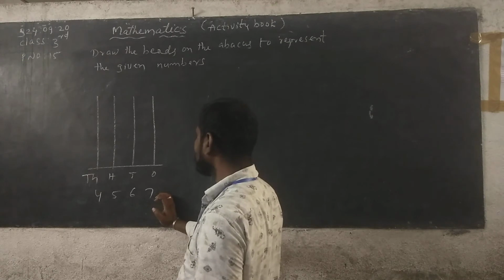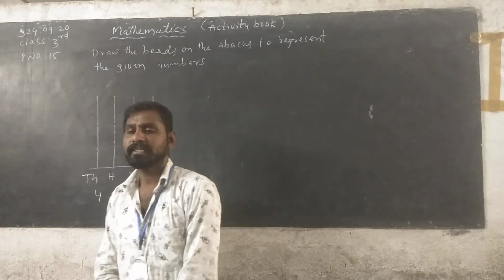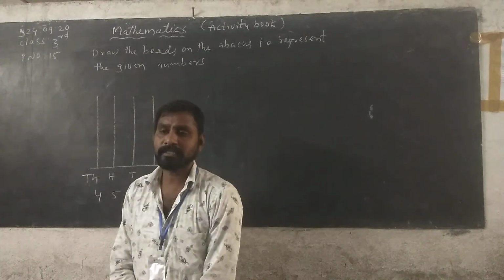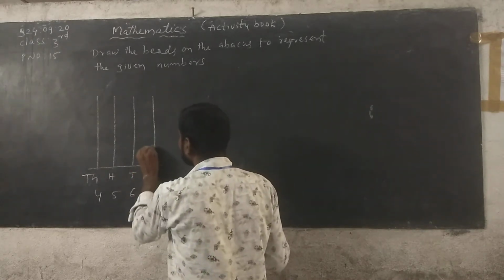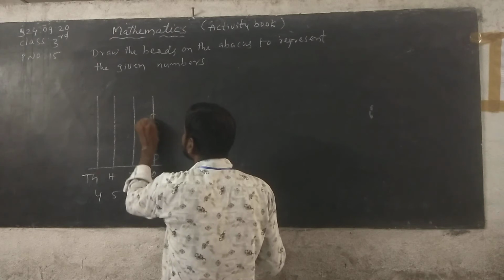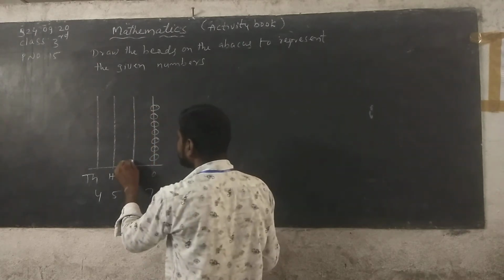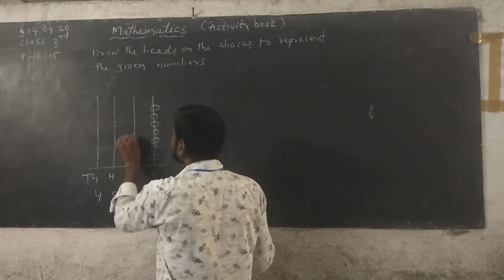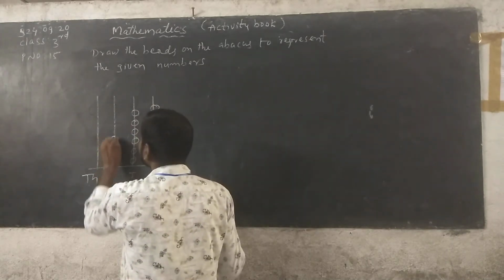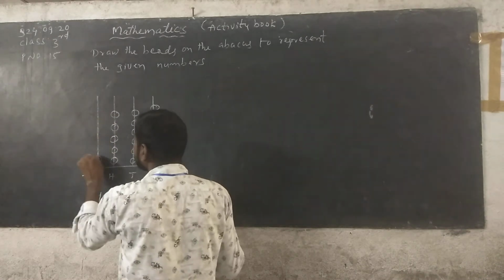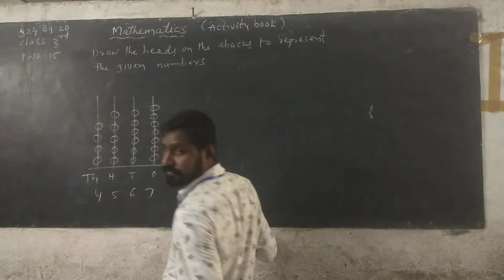So you can draw 7 beads in the ones place spike. How many beads? 7 beads. 1, 2, 3, 4, 5, 6, 7. Here how many beads? 6 beads. Here 5 beads. Here 4 beads.